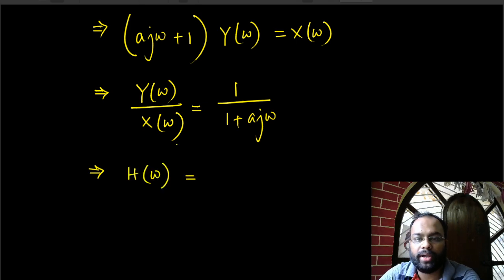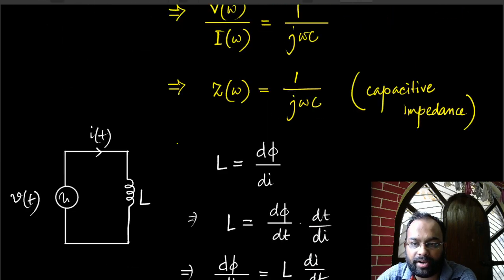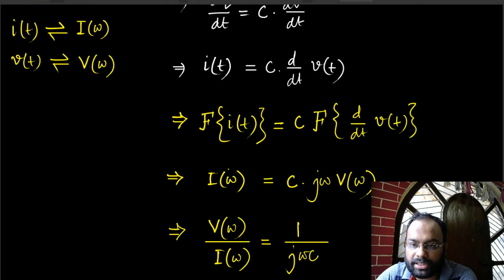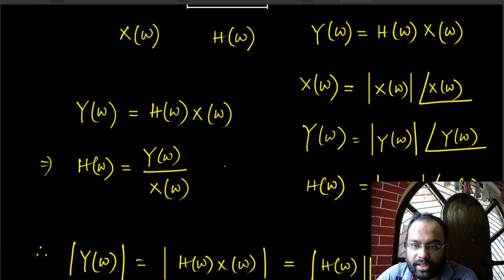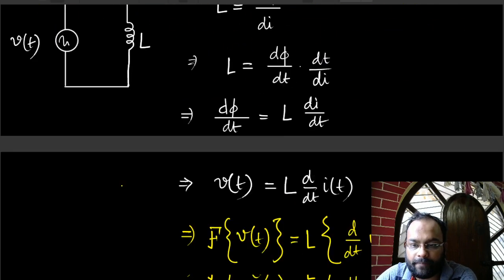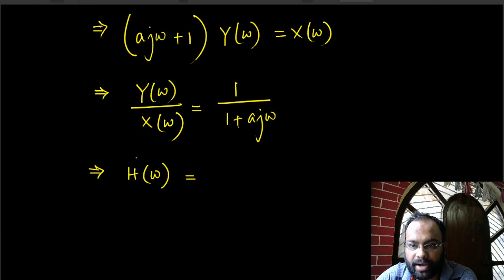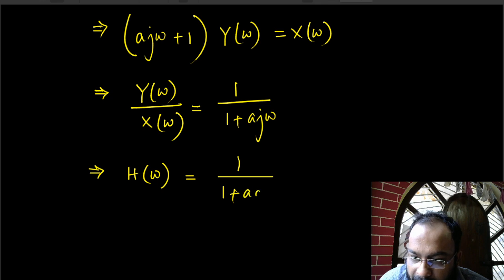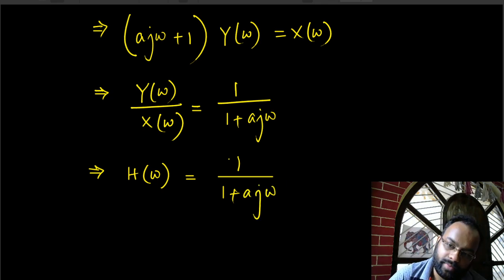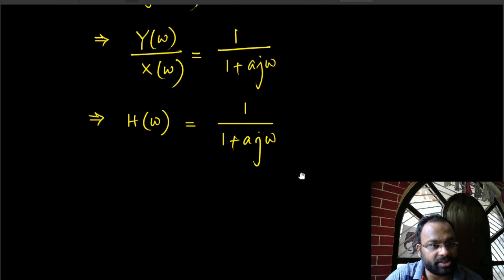Moments ago we have shown that, right? This is the definition of the impulse response. Y omega by X omega is nothing but H omega. So what is H omega? This is 1 by 1 plus A j omega.